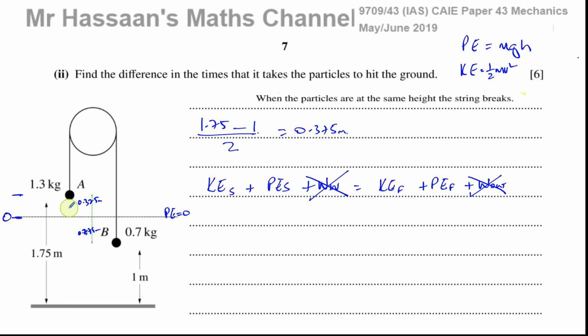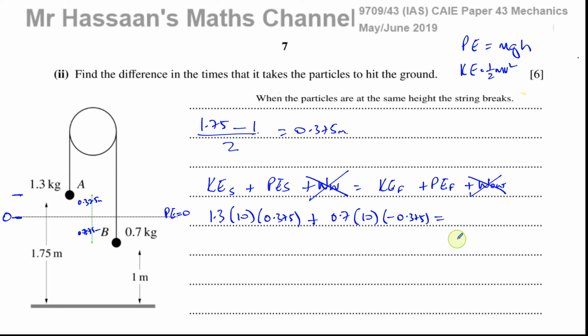For A, it's above that level, so it's m, which is 1.3, times g, which is 10, times h, which is 0.375. But for B, the potential energy is below that level, so it's its mass, 0.7, times g, which is 10, times minus 0.375.